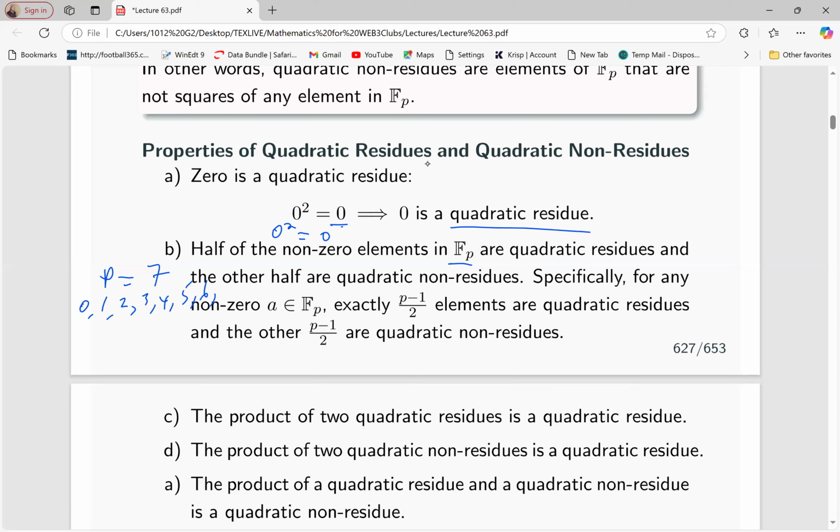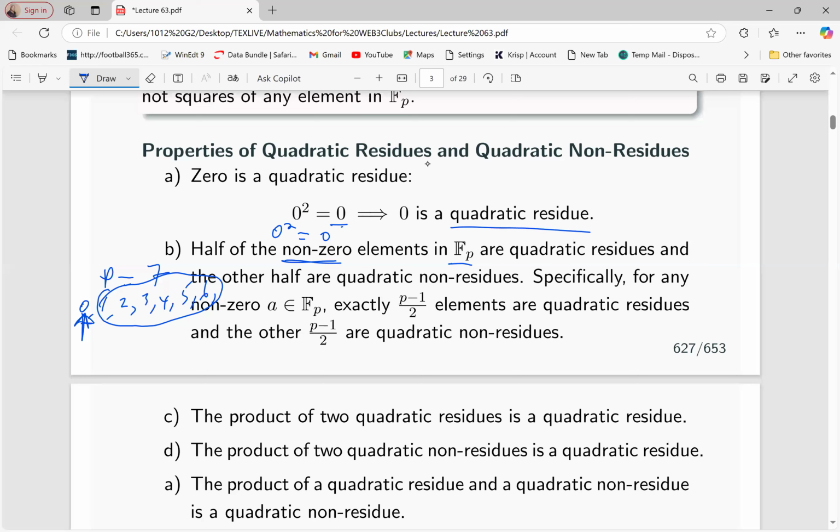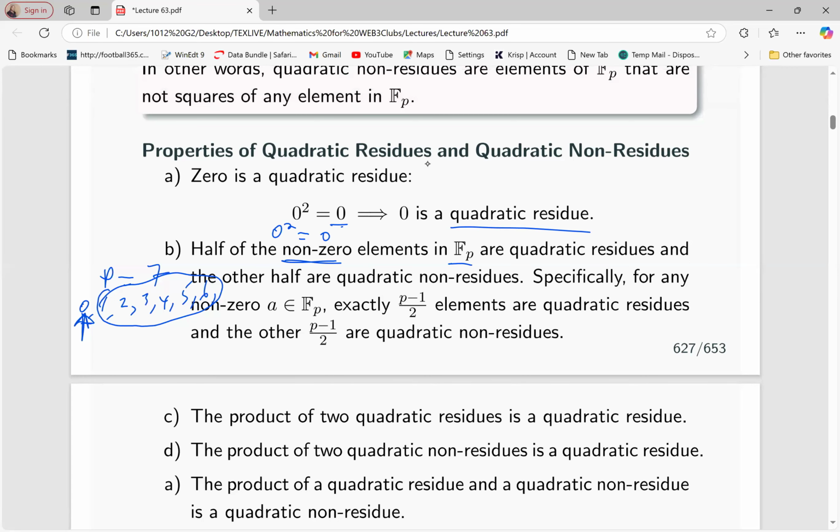These are 7 numbers, but 0 is already a quadratic residue. So half of the non-zero ones. The ones left, there are 6 of them. Of these 6, 3 would have square roots, and 3 would lack square roots. So that's the formula.